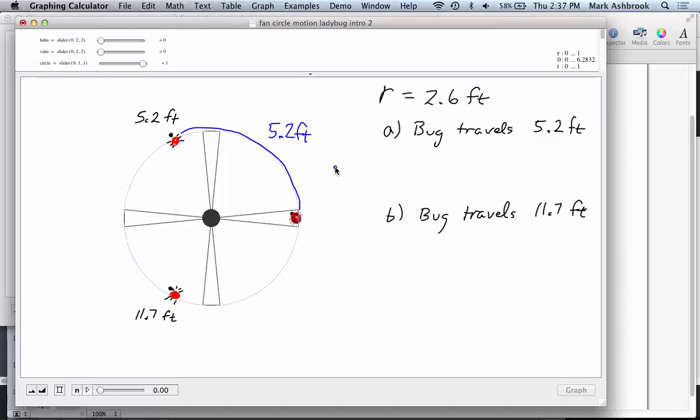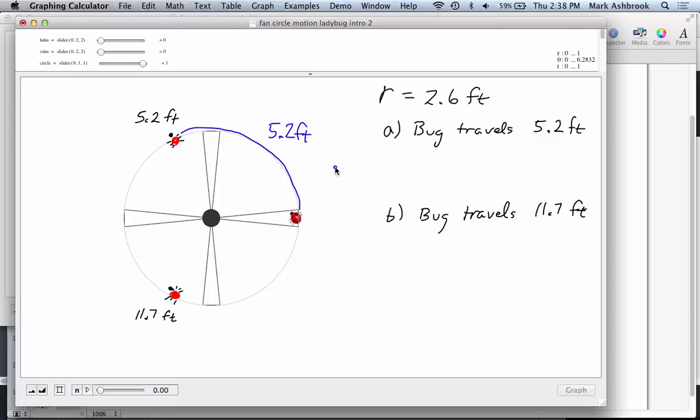Why is it 2? Brooke, did you get 2? Can you explain why? Well, the radius. Okay.